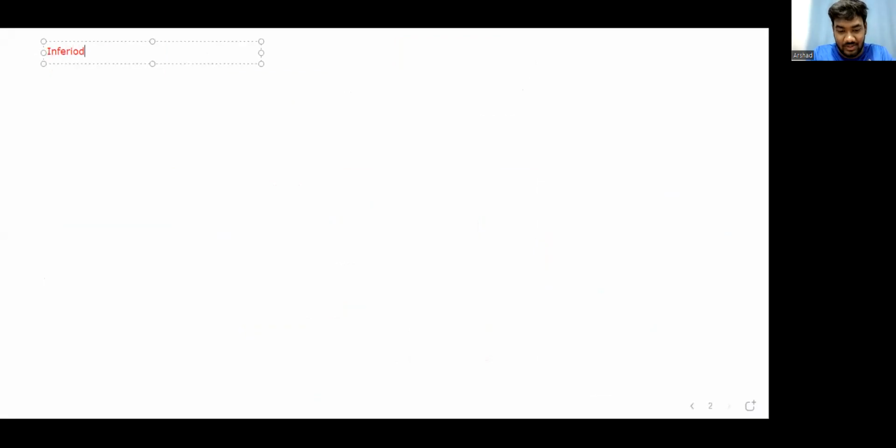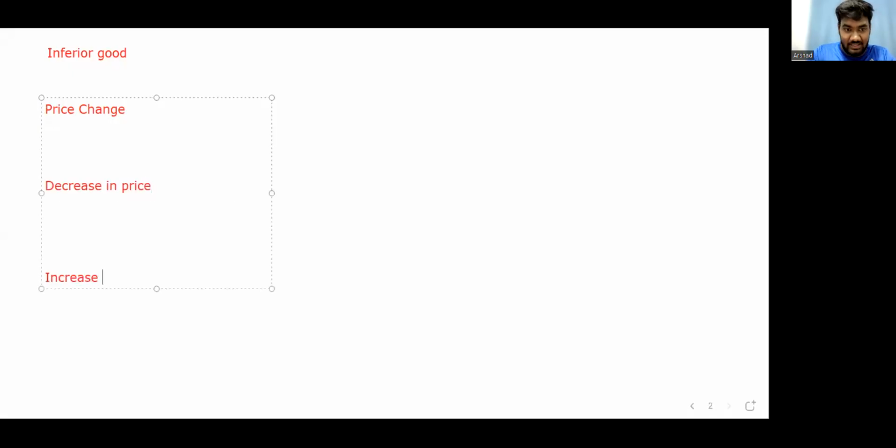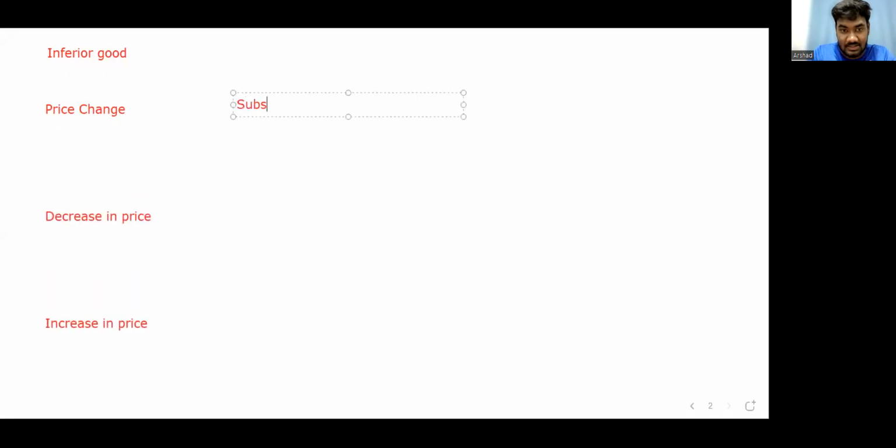So in your table, you have the second type, inferior good. So we'll go to price change. We have a decrease in price, and we have an increase in price. Then you have the substitution effect, the income effect, and then the price effect.